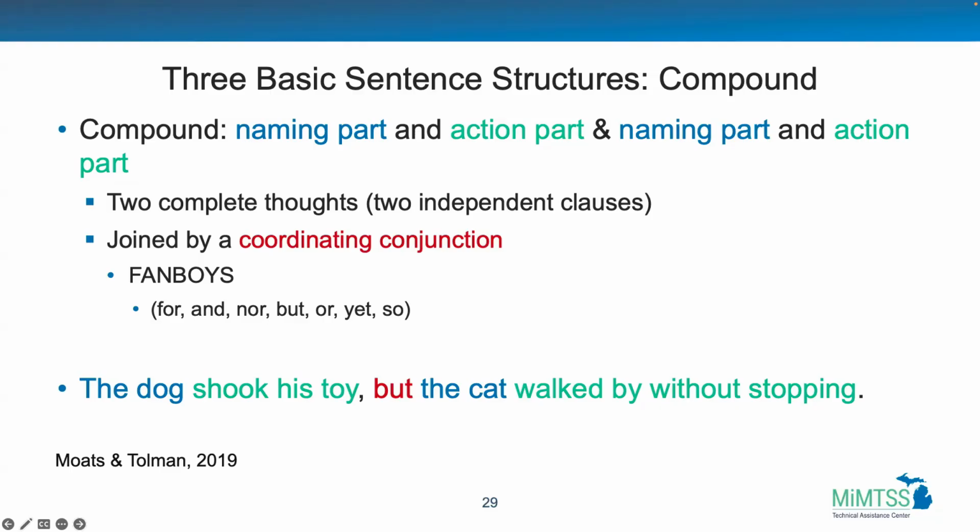Here is an example. The dog shook his toy, but the cat walked by without stopping. You'll notice that the two independent parts, the dog shook his toy, the cat walked by without stopping, both of those two parts can stand alone.